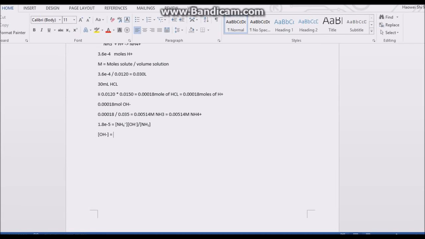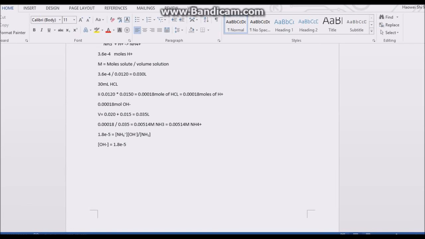sorry, I don't think I explained why it is 0.035 liters. This is because the volumes are additive: 0.020 plus 0.015 equals 0.035 liters. So that's for clarification.